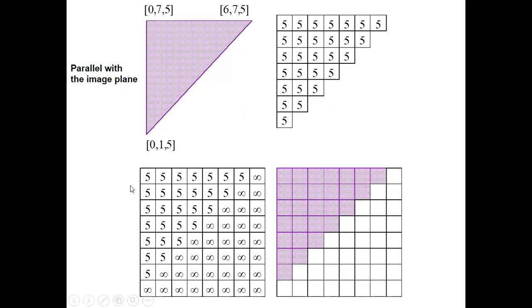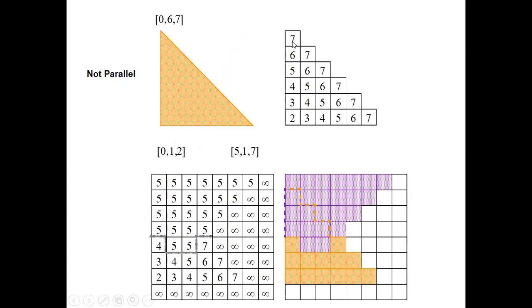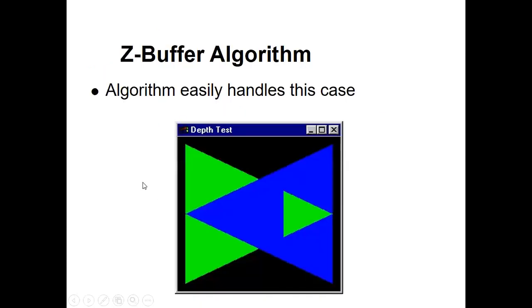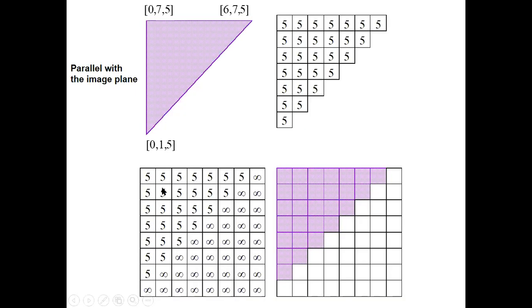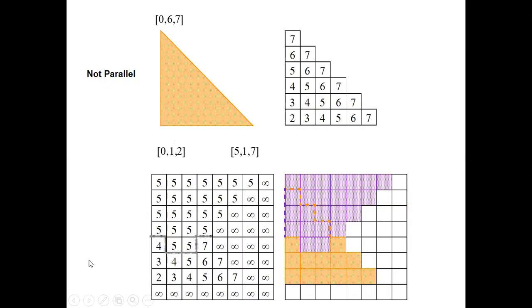How? Top row, first cell is 5, whereas here it is 7. So 5 will be compared with 7. Which is less? 5 is less. So write 5 here. Next, top row second cell is 5, and 5 will be compared with this empty one.